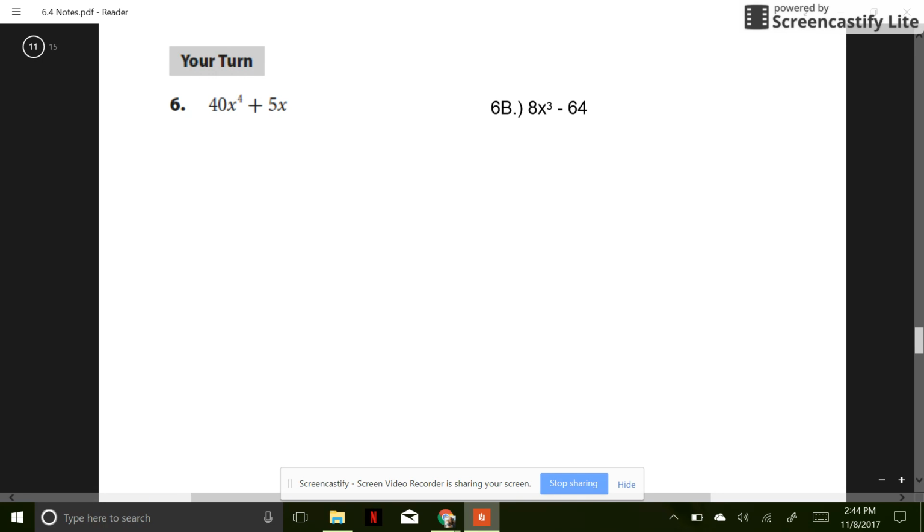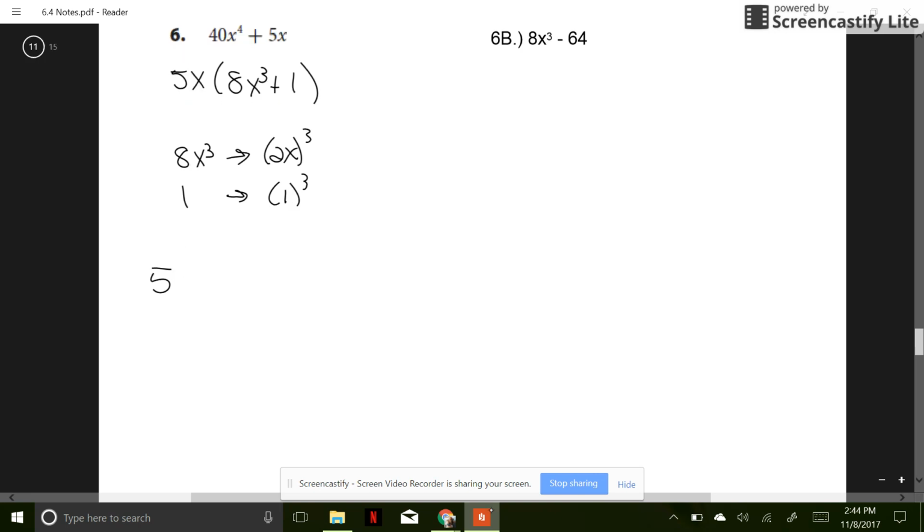Looking at number 6 here, we first always look for a common monomial we can pull out. We can pull out a 5x. We're left with 8x cubed plus 1. Now inside here, we actually have a sum of cubes because 8x cubed is 2x quantity cubed, and 1 is 1 cubed.